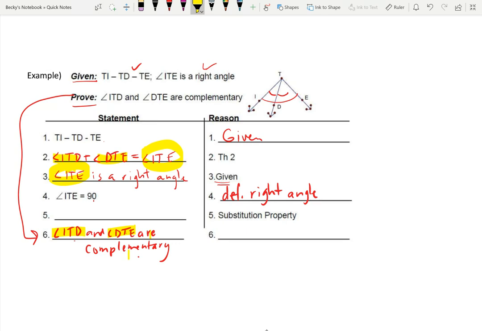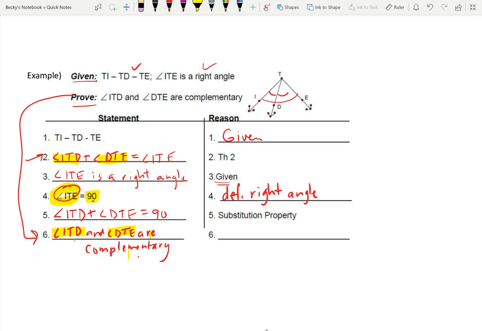Right? And since it's a right angle, what did we write down here in step 4? ITD is 90 degrees. So, can I take out ITE and replace it with 90? Of course I can. So, I'm going to write the angle ITD plus, and I'm looking at step 2, plus DTE equals 90. Again, I took this out and replaced it with the 90.